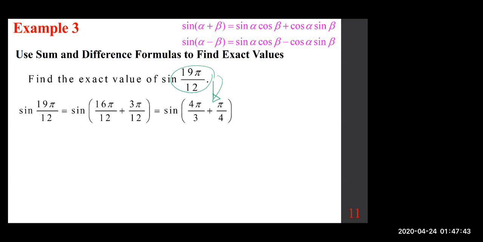So you should be able to recognize that. Now we are going to use the top formula, the first one, sine of alpha plus beta. So this is sine alpha, that means sine of 4 pi over 3, cosine beta, that means cosine of pi over 4, plus cosine alpha sine beta. That's what we get.